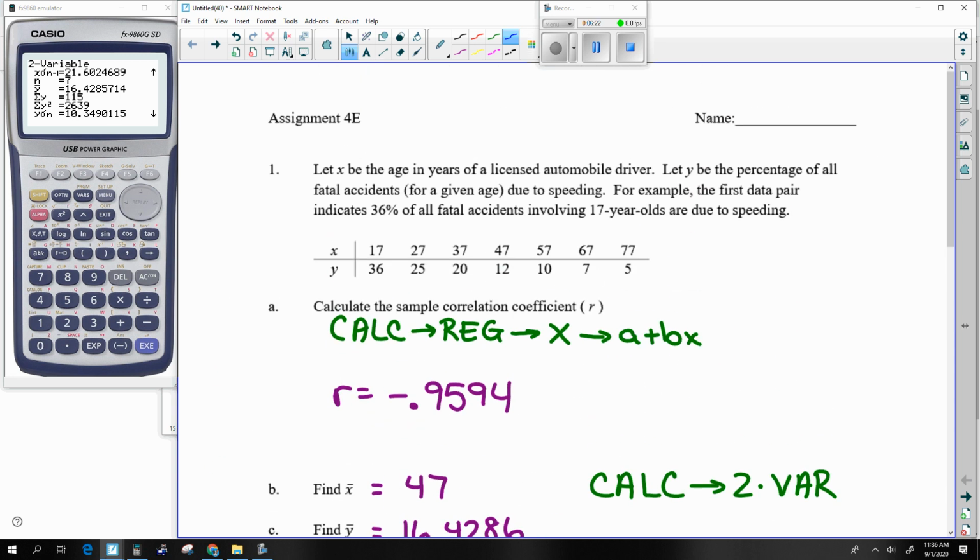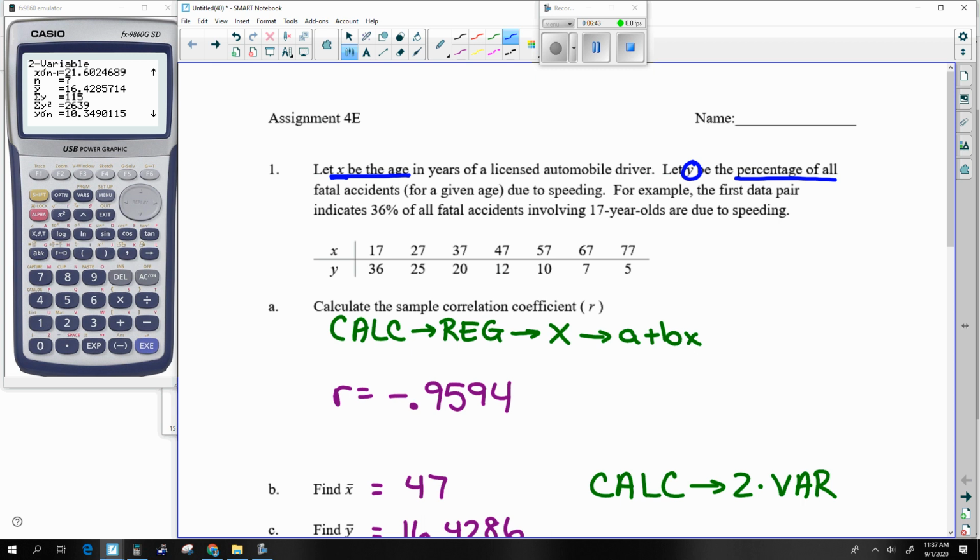So if I go back here, I have this x and y, but what is the meaning of x and what is the meaning of y? All right, so y is the percentage of all fatal accidents at a given age, and they don't really define x. X is your age.